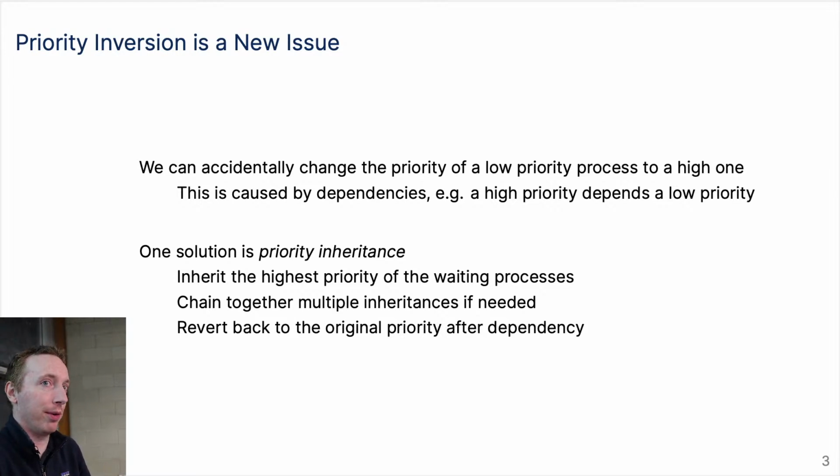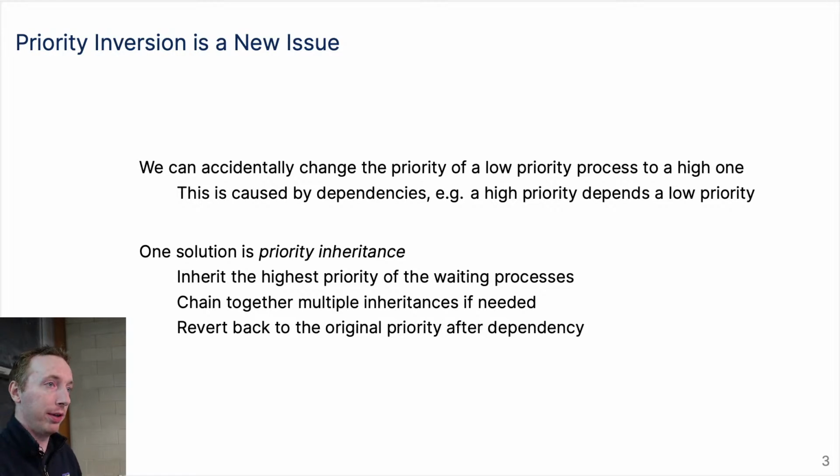It would just be scheduled over and over again, and it's essentially blocked on a lower priority process. So if it's dependent on that low priority process to actually make progress on your machine, that low priority process should at least temporarily be treated as a high priority process because a high priority process depends on it.